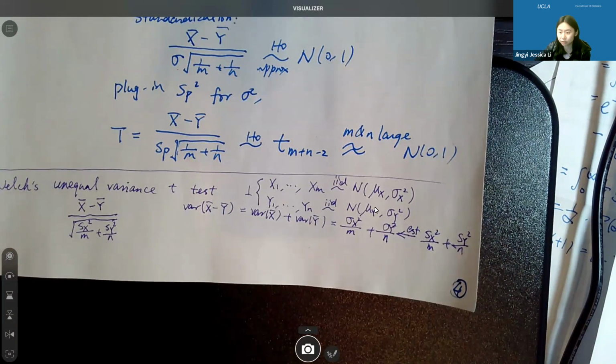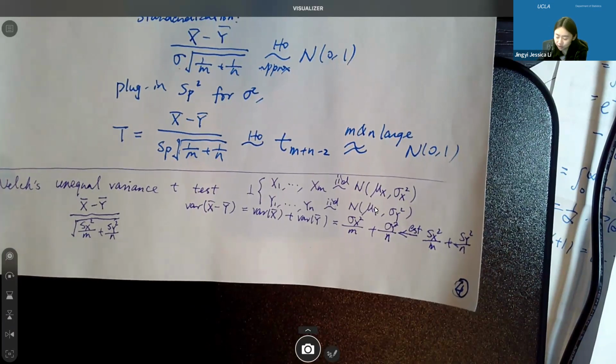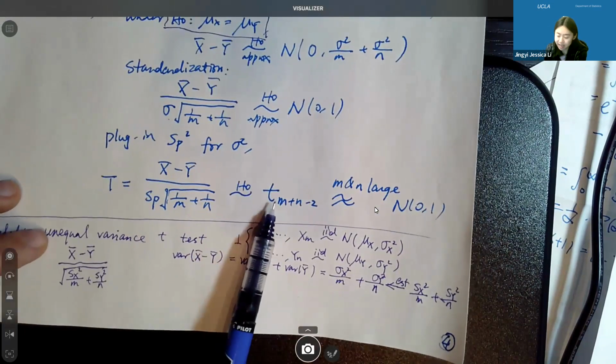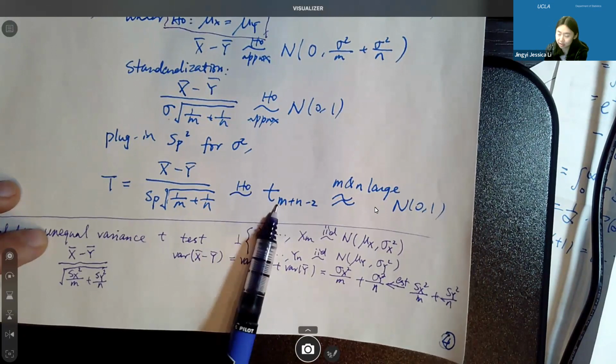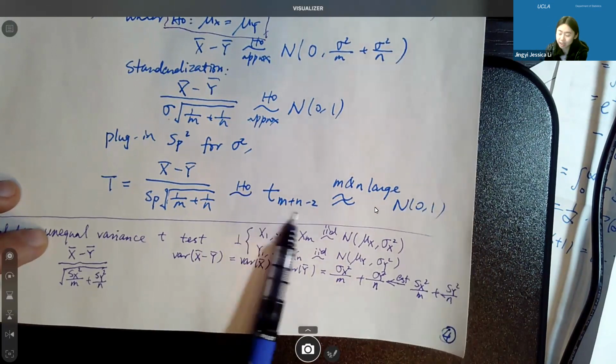So we no longer assume the 2 distributions have the same variance, but we estimate their variances separately. So it's like a separate variance approach. Then the question is, what is the null distribution of this test statistic? It's not as clean as the two-sample t-test, whose null distribution, which we have seen here, is just the t-distribution with this degree of freedom, which is very nice.